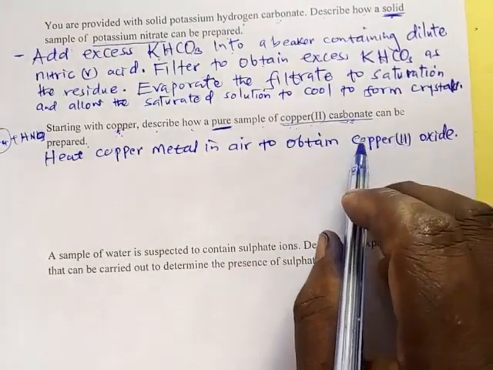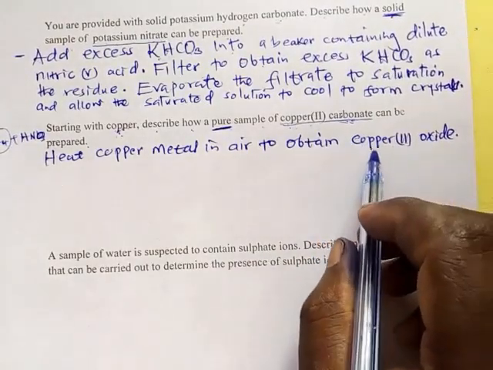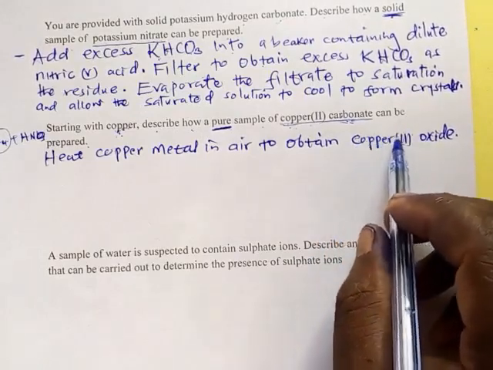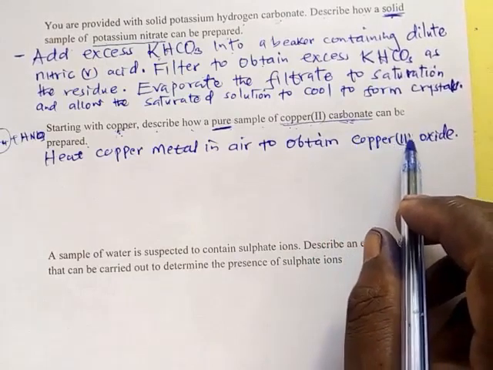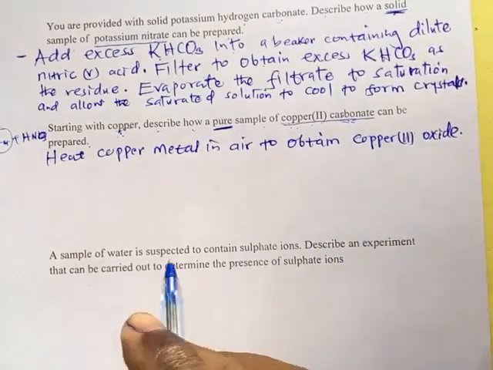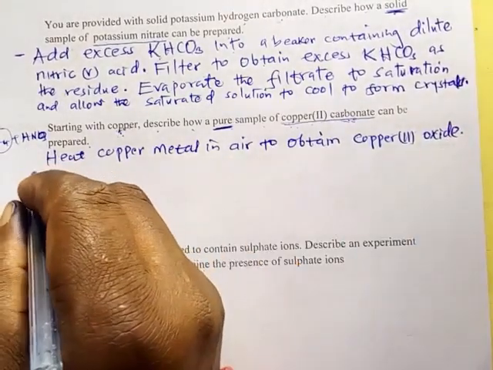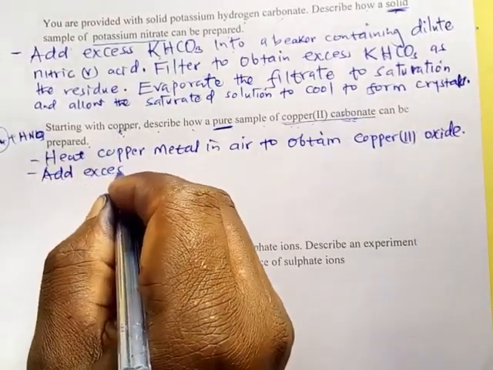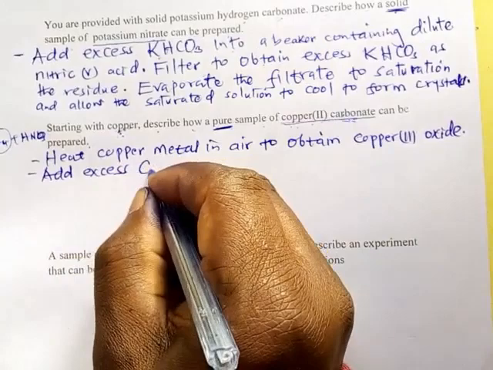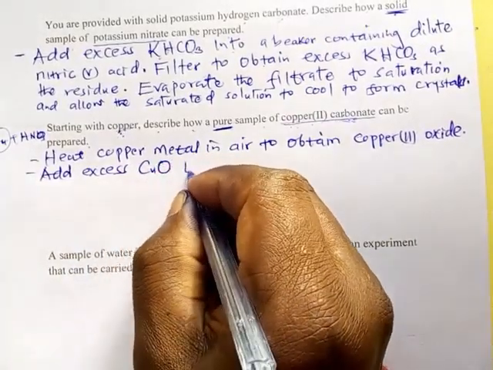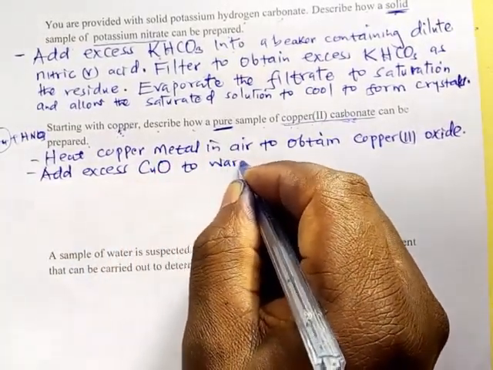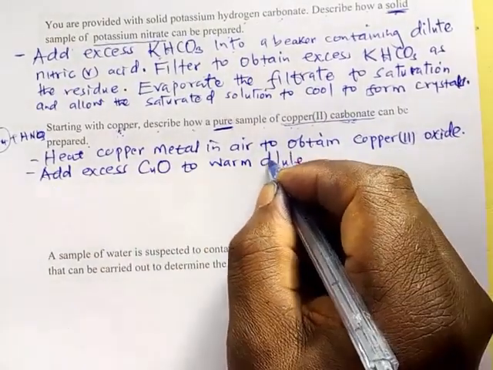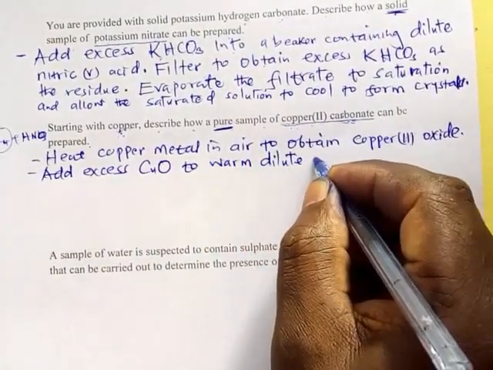So once now you have copper 2 oxide, now you add warm nitric acid, because oxides are insoluble, therefore you need to warm the acid. Next one is to add excess copper 2 oxide to warm dilute nitric acid.